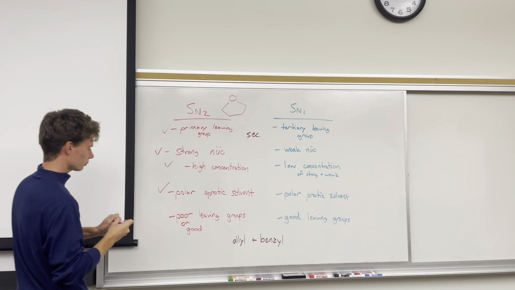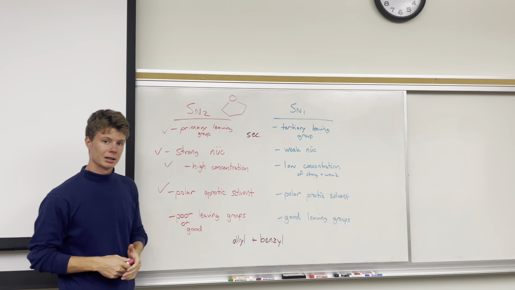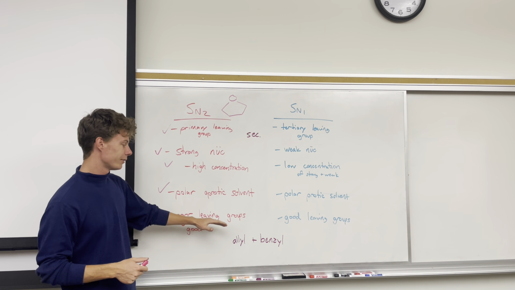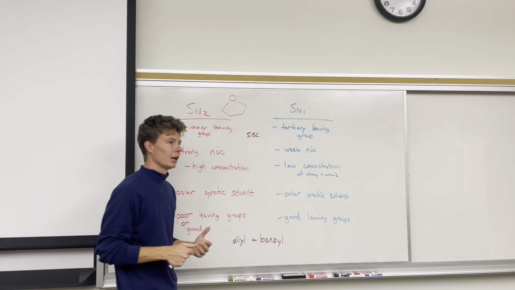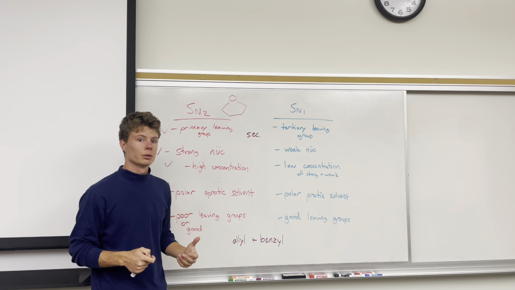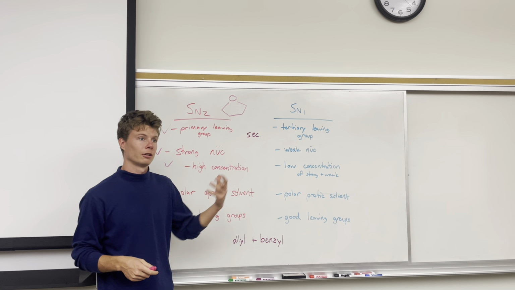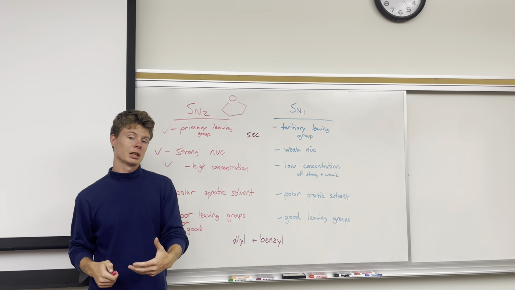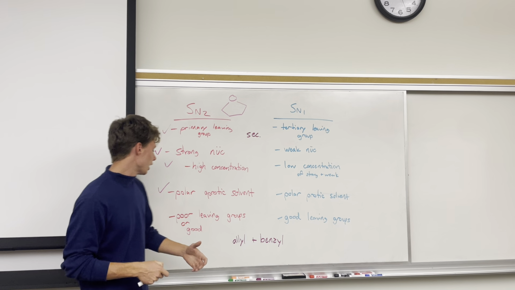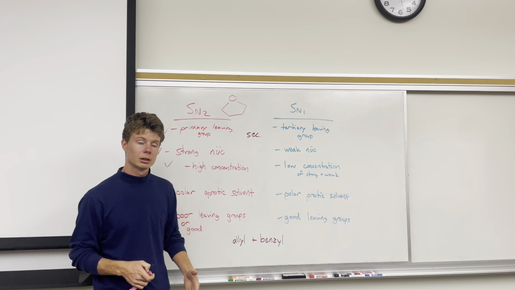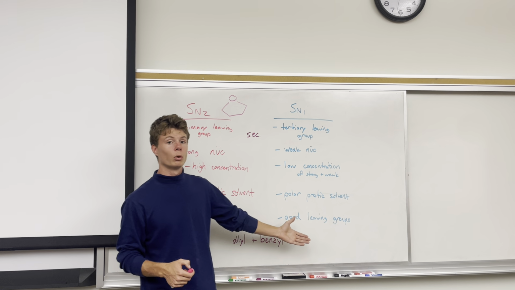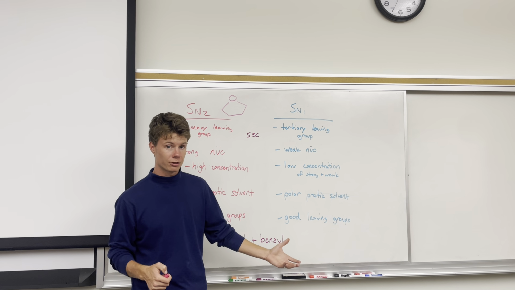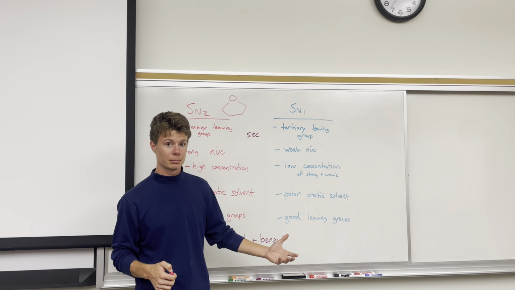All right, good or poor leaving groups. With SN2, if it's a good leaving group, our strong nucleophile can still attack and the leaving group can leave all at once. If it's a poor leaving group, it's very unlikely for an SN1 reaction, because that's our first step, our rate determining step.